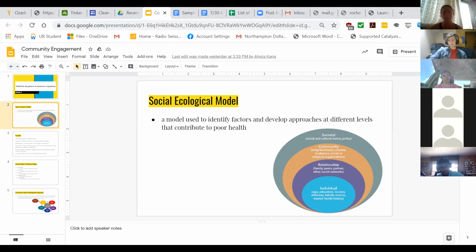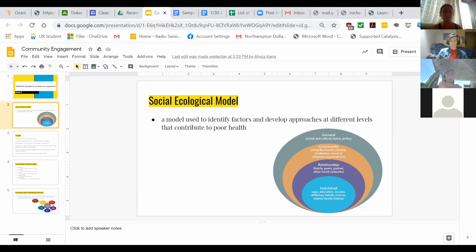Then we go further up to the community, which is your small neighborhoods, your school groups, maybe your workplace circles, and just the social circles that extend beyond like 2 people but are still somewhat intimate. And then we go up to societal, which could be anything from a city to a campus to a country. So there's a range with that to consider.